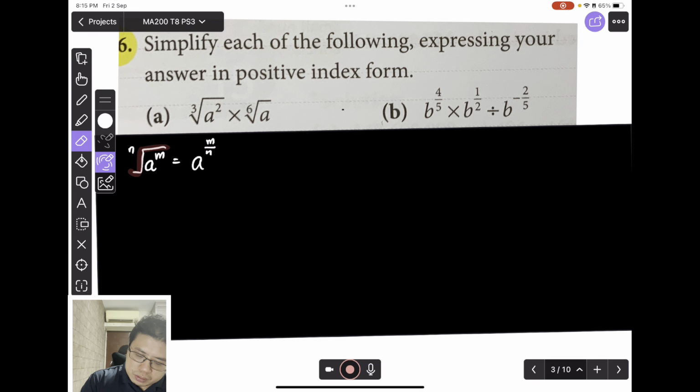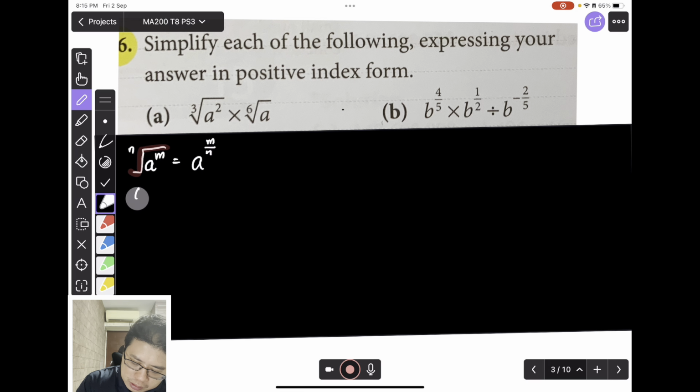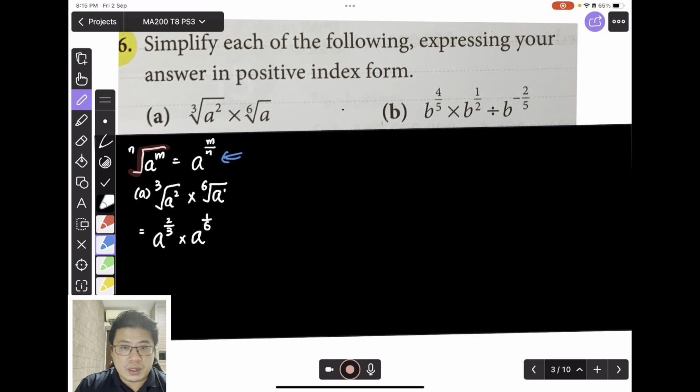So for part a, we have a to the power of 2 square root 3 multiplied by 6 root a, right? I can do a power 1, okay? I can again push 2 to the top and 3 to the bottom, multiply by a, 1 to the top and 6 to the bottom, just by using this law over here.